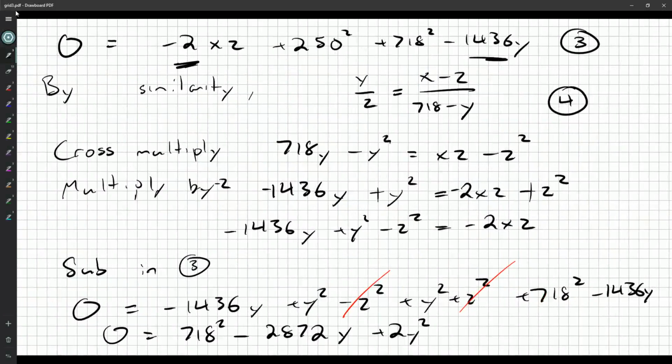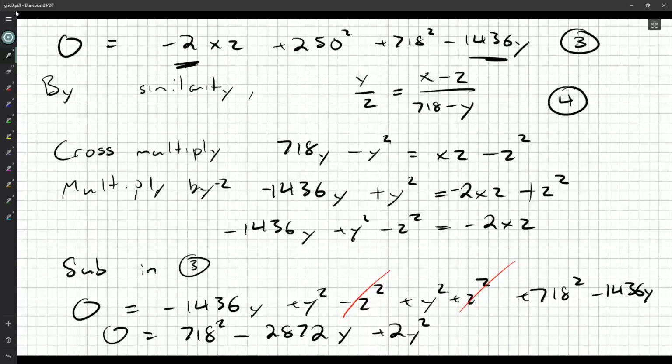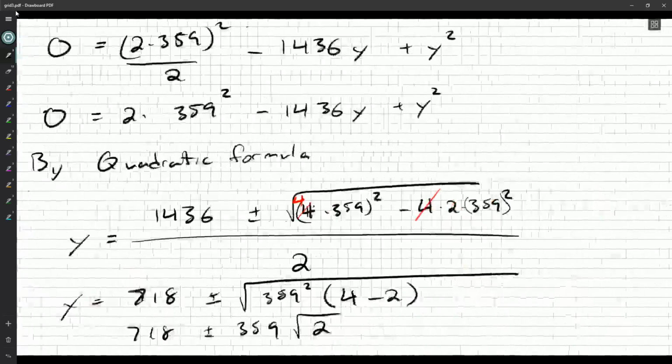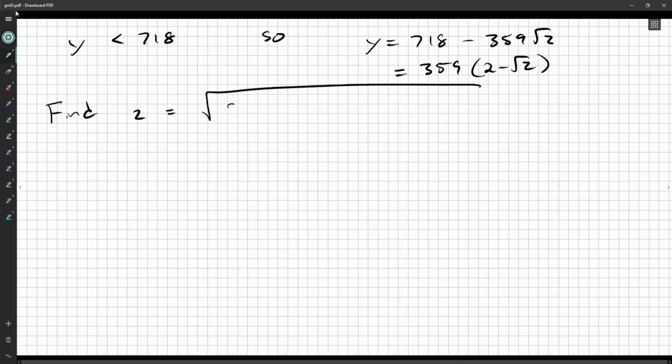Yeah, I don't like any of these equations for trying to solve for x, but I guess we got to do it somehow. So, well, if that's y, what's z? So let's find z. So square root of 250 squared minus y squared.